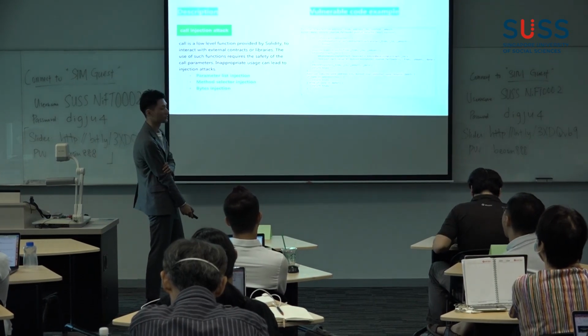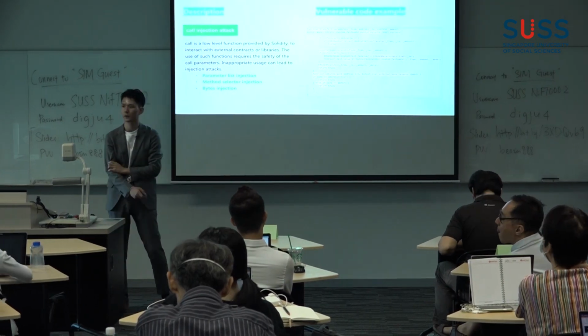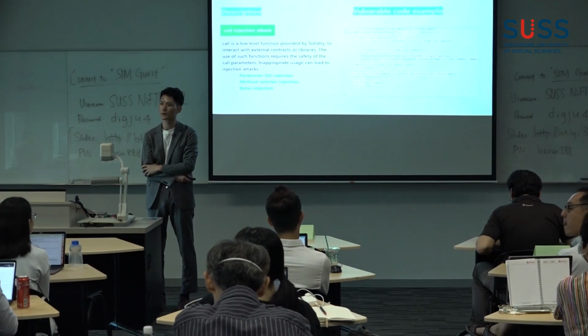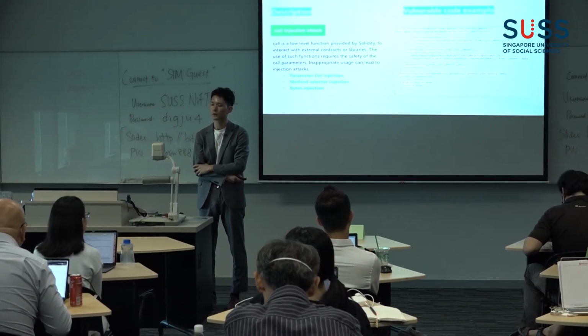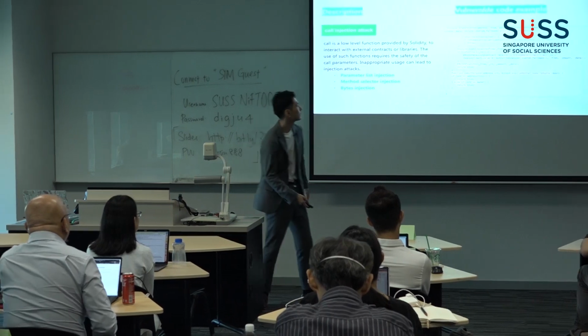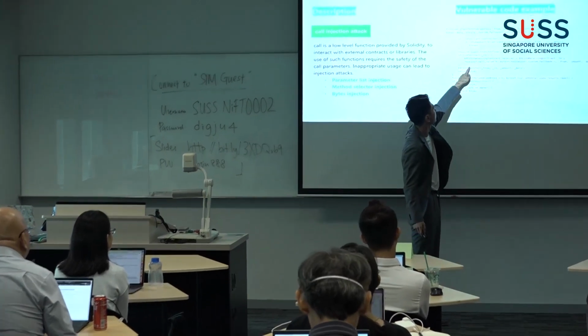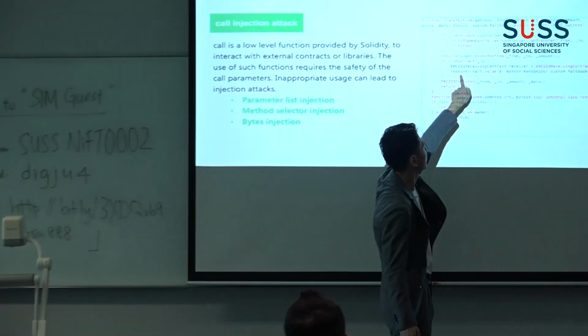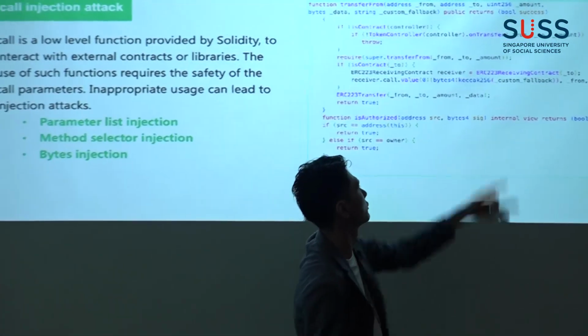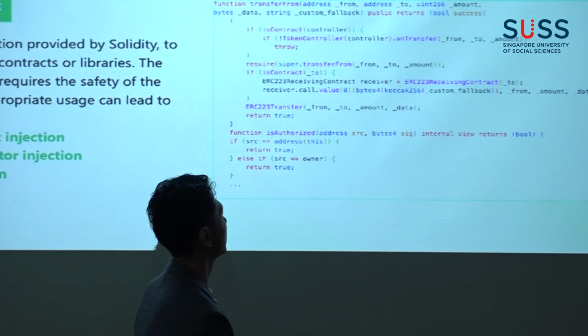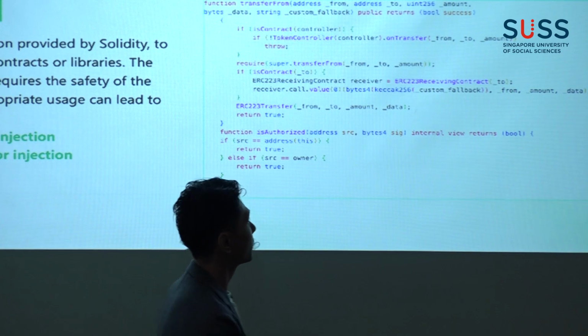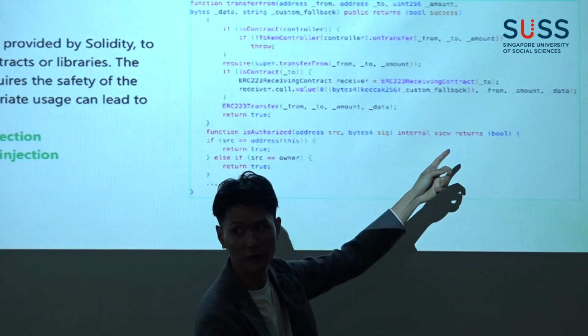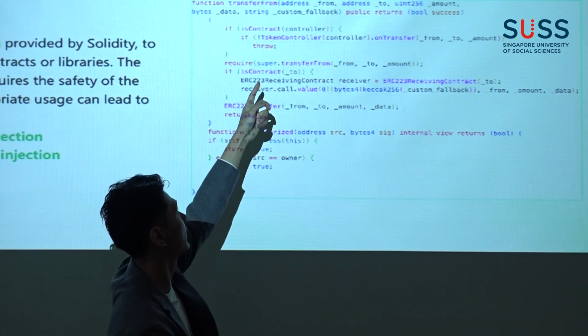Sorry, can you explain again? Why is that statement vulnerable? Because receiver is the ERC223 interface instantiated on the address of _to, and _to is passed in by the attacker.